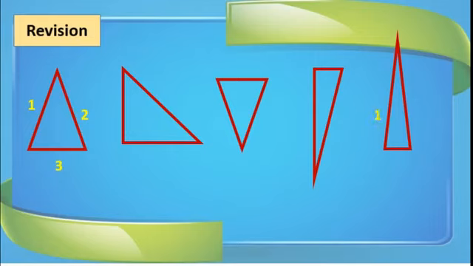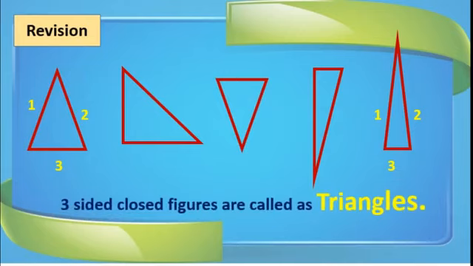Okay, last one. 1, 2 and 3. This also has 3 sides. So again this is a closed figure. Guess the name of this. You are right. That is nothing but a triangle. Here we can write the statement like this: 3-sided closed figures are called triangles.